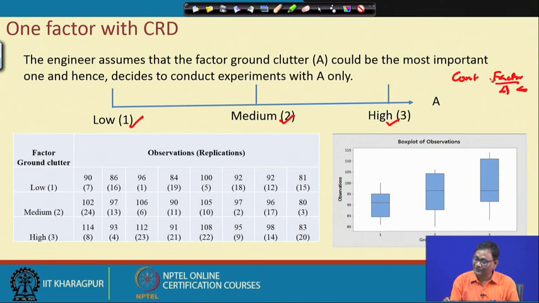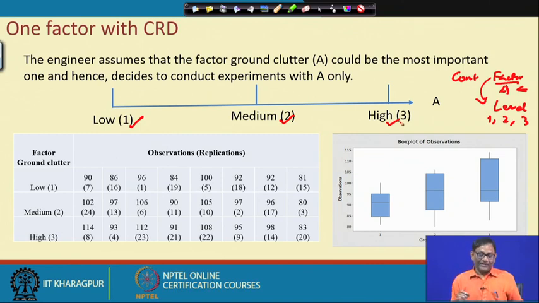So, when you say factor, another important one is level. Here we have 3 levels, 1, 2, 3. So, 1 is low, 2 is medium, 3 is high.